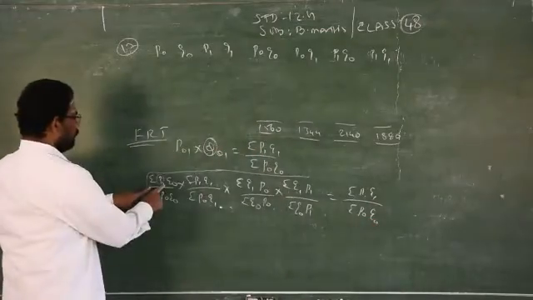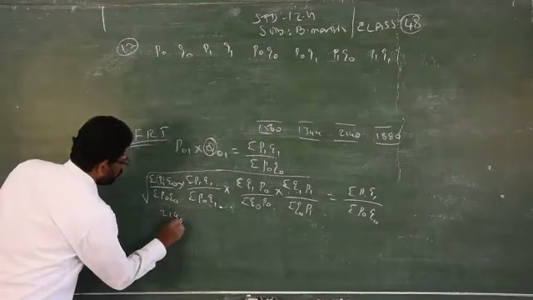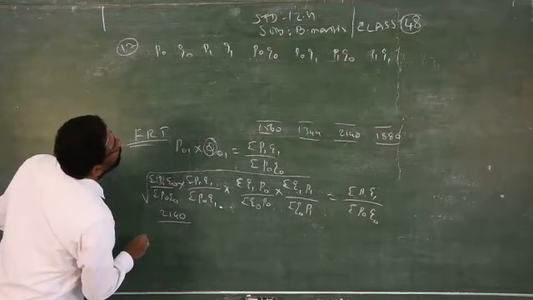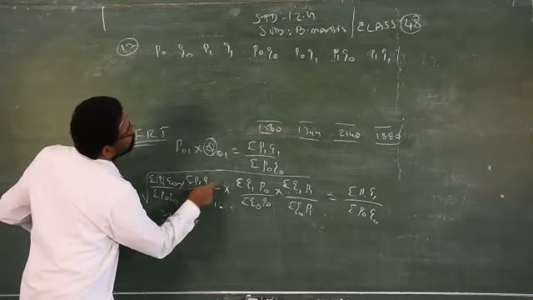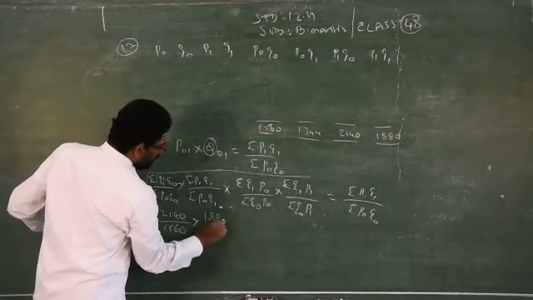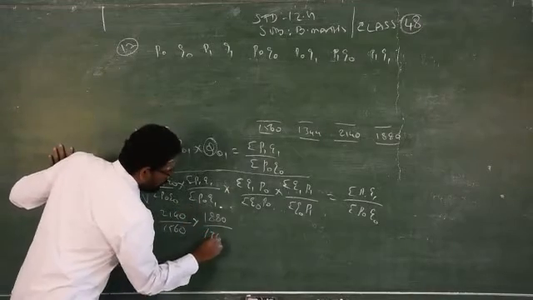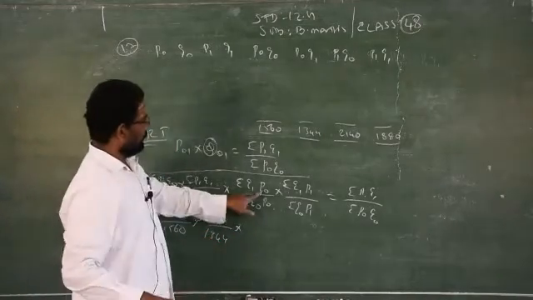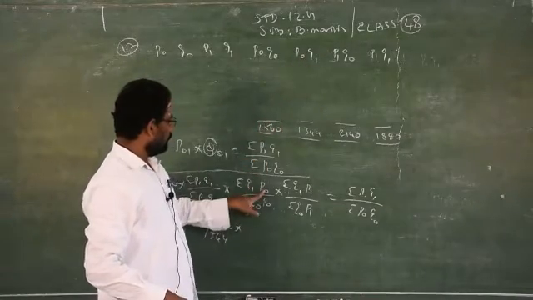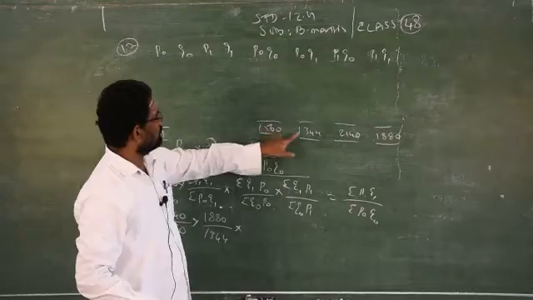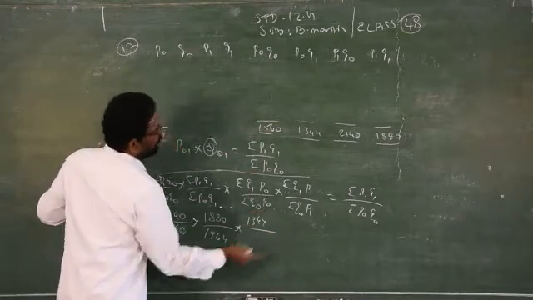As usual, what is P1 Q0? P1 Q0 is 2140. P0 Q0 is how much? 1560. P1 Q1, last one, 1880, then P0 Q1 is 1344. Q1 P0 is nothing but P0 Q1, both are same, that is 1344 by P0 Q0.